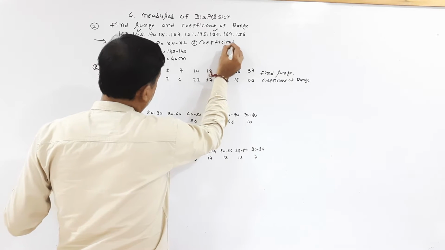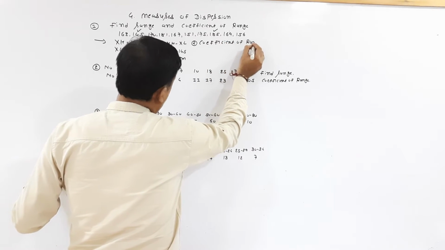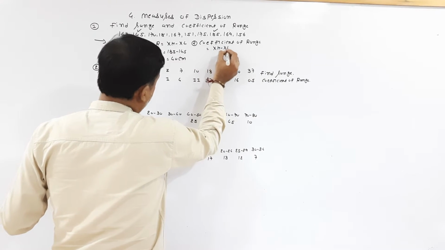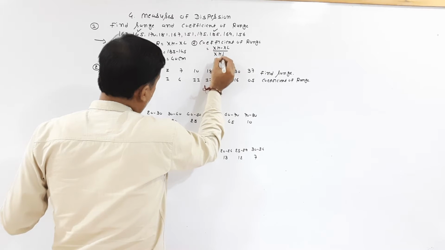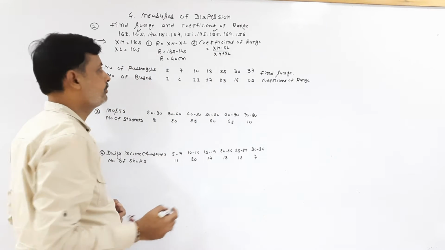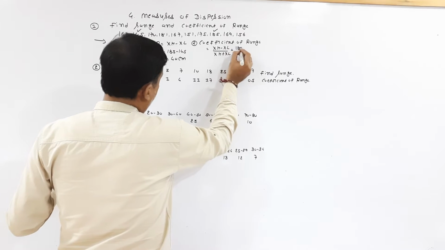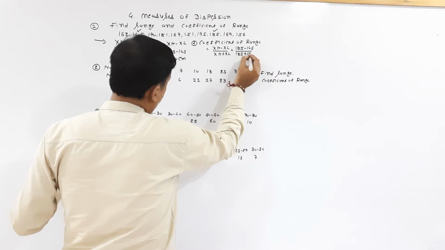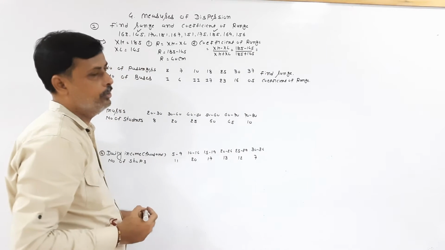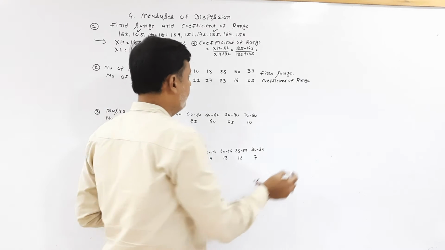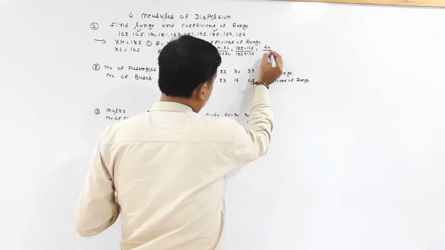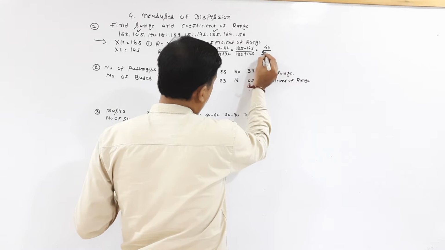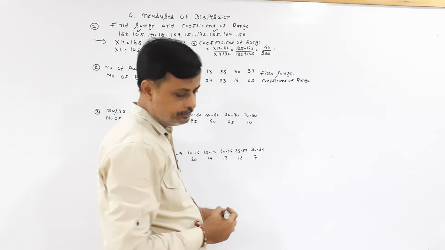Coefficient of range means XH minus XL upon XH plus XL. 185 minus 145 upon 185 plus 145. 185 minus 145, that is 40, and 185 plus 145 is 330.